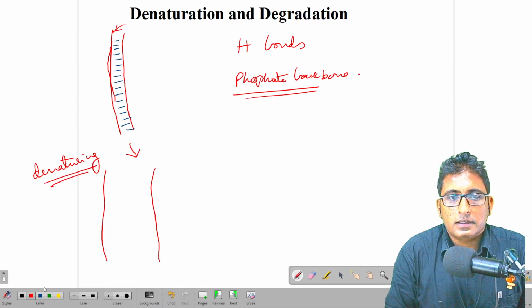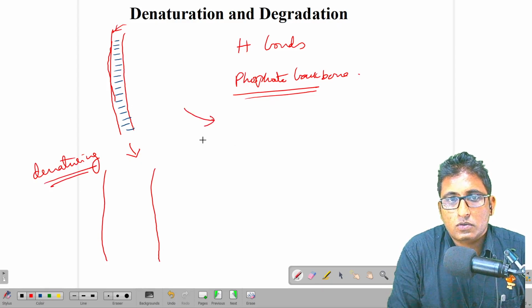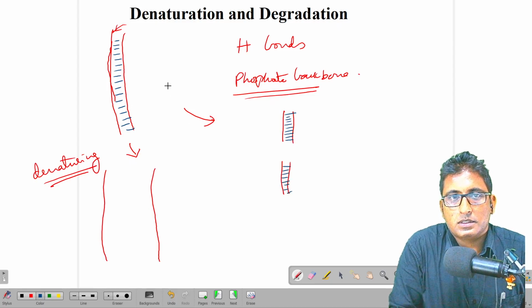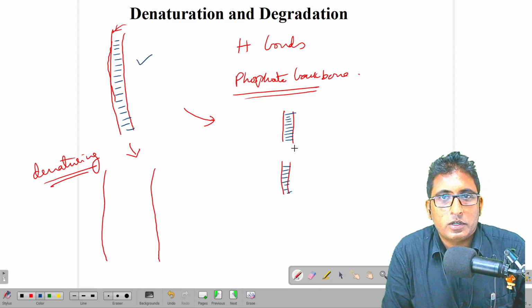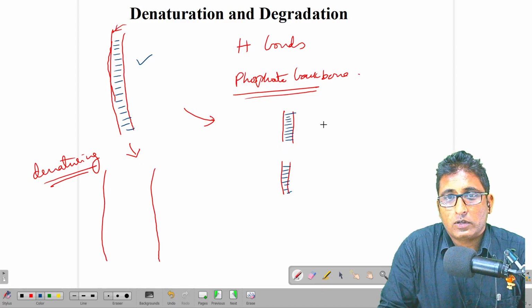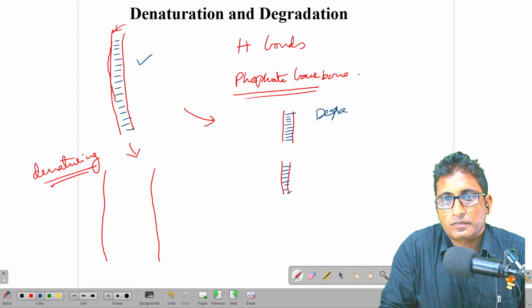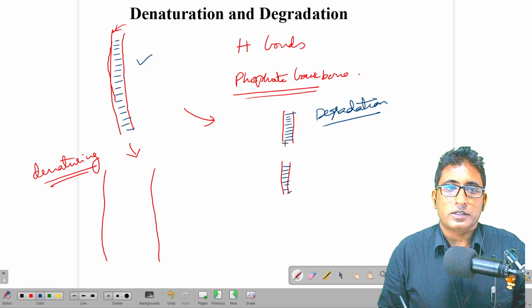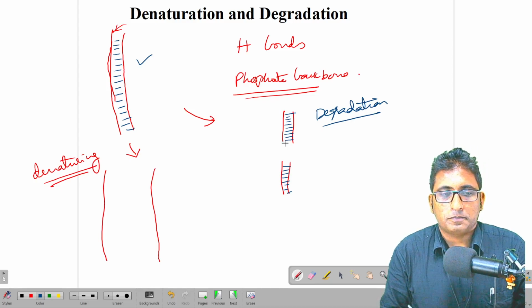If we had a DNA molecule where there is a breakage of the phosphodiester bonds, like this double-stranded DNA molecule is broken down into two pieces by breaking of the phosphodiester bond, then we call it degradation. So in degradation, the phosphodiester bonds are broken. In denaturation, it is the hydrogen bonds that are broken.